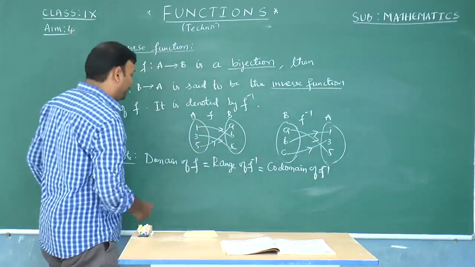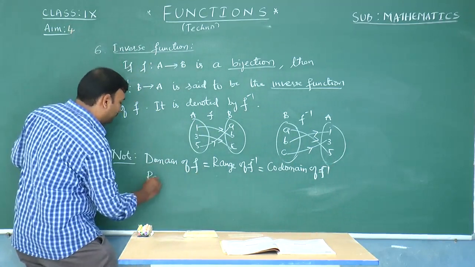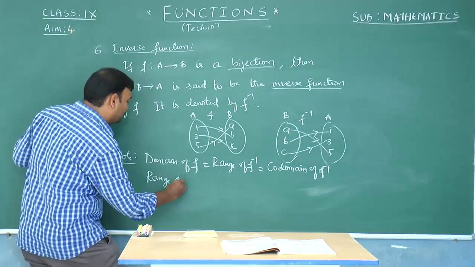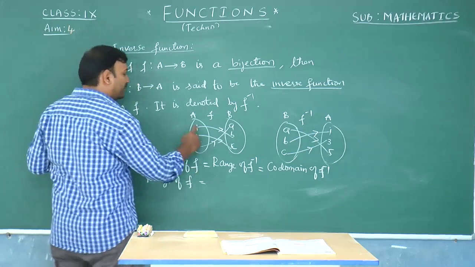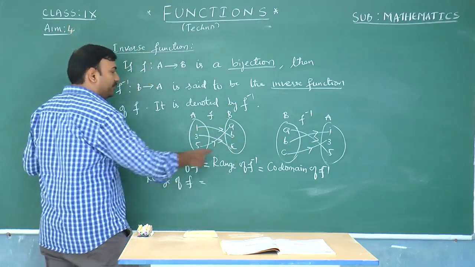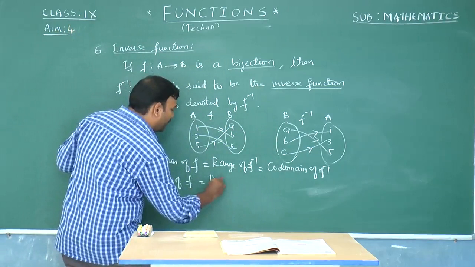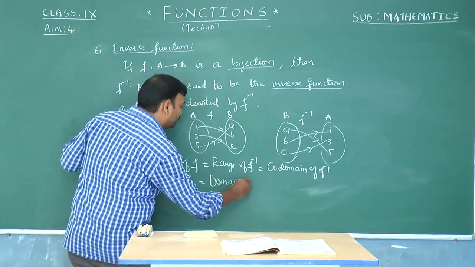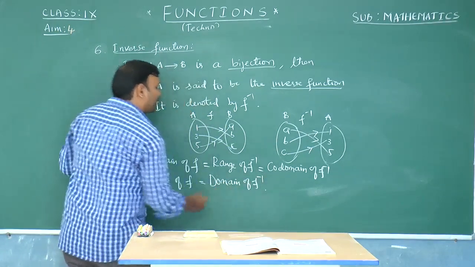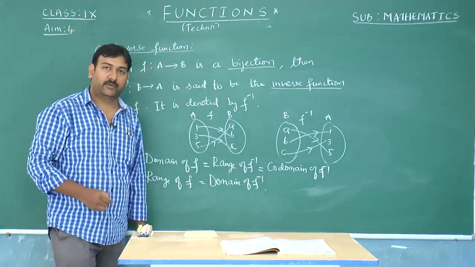In the same way, the range of f, which is A, B, C, is equal to the domain of f inverse. So these are the two important points we need to remember.